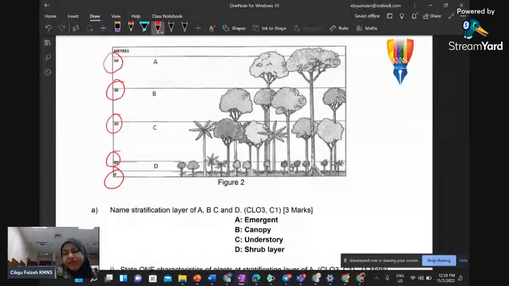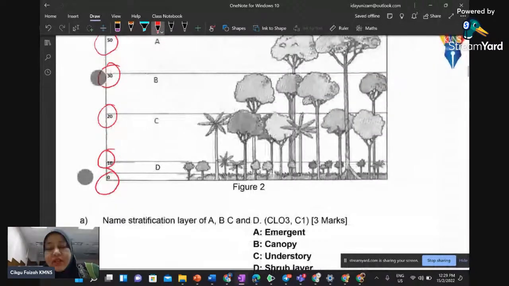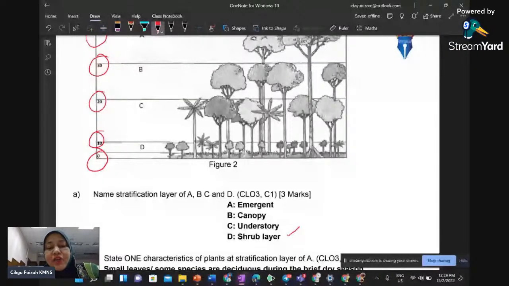There are 4 strata that you are not sure of. Below 10 meters is actually the shrub layer, and then after that understory, B is canopy, and A is emergent.